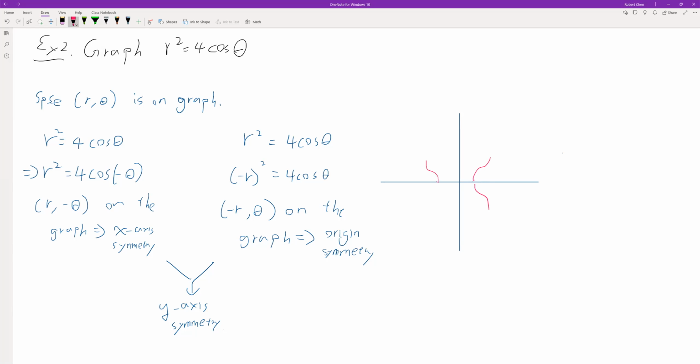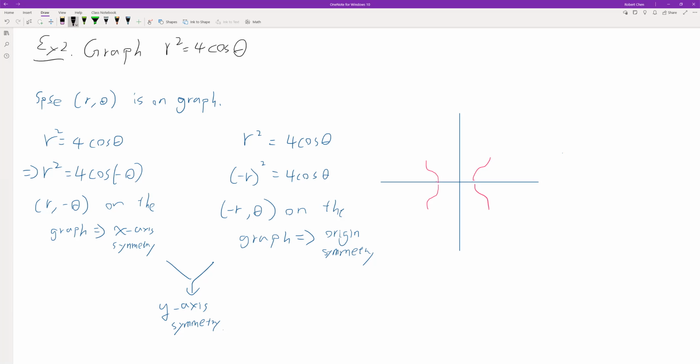Now, this is not exactly what the graph is. We'll have to figure out the detail later. But that's basically what we're going to be doing. If you have all types of symmetry, all you need to worry about is just one quadrant of the graph, and then you can copy the rest.